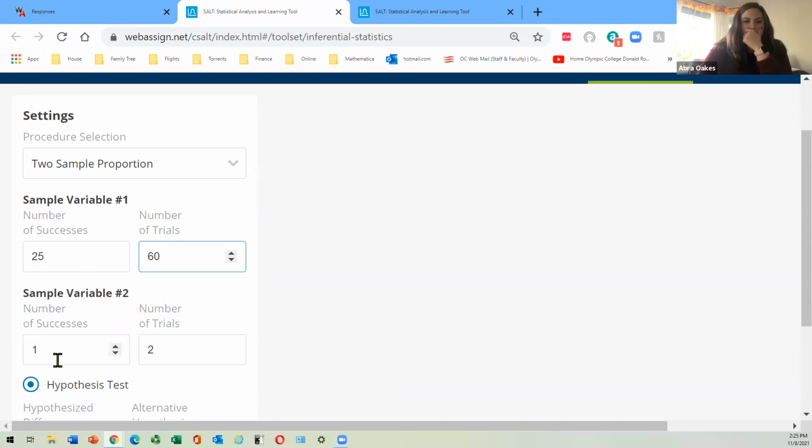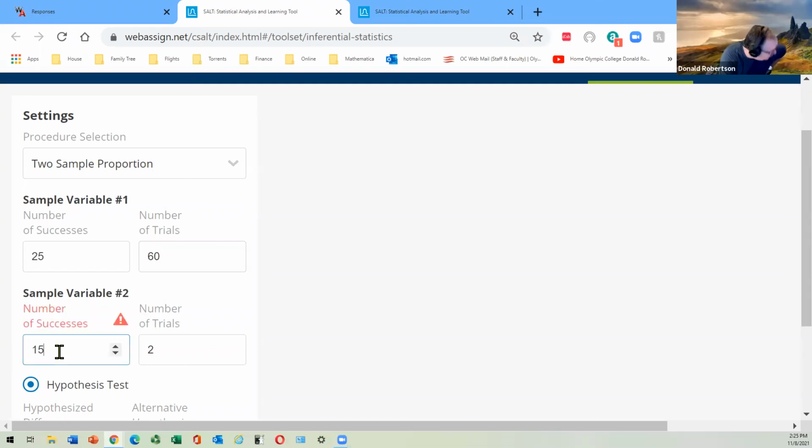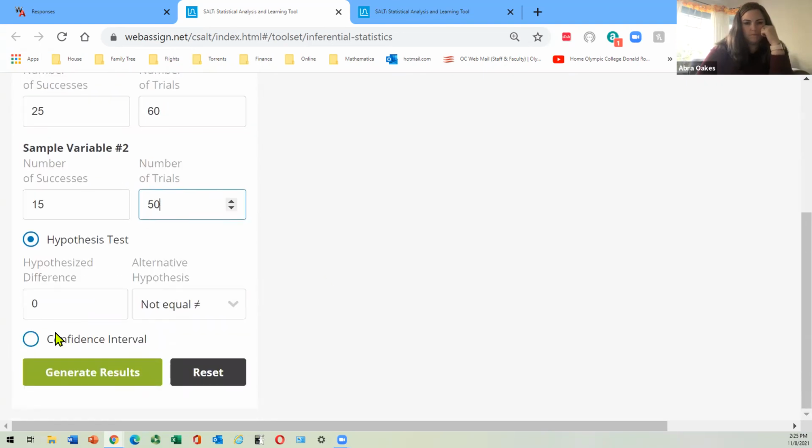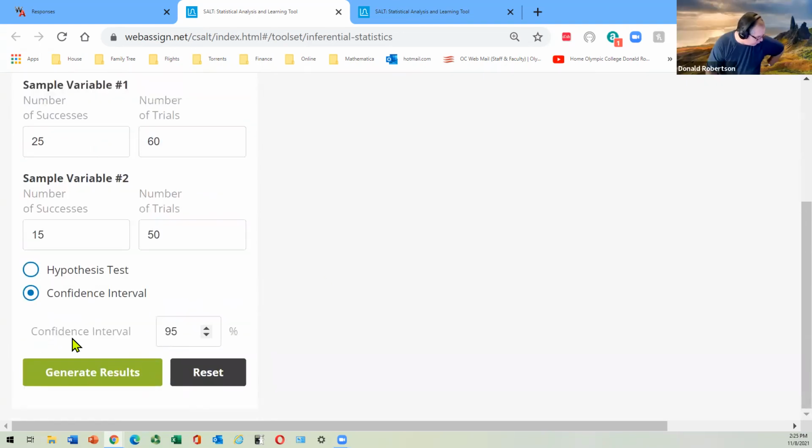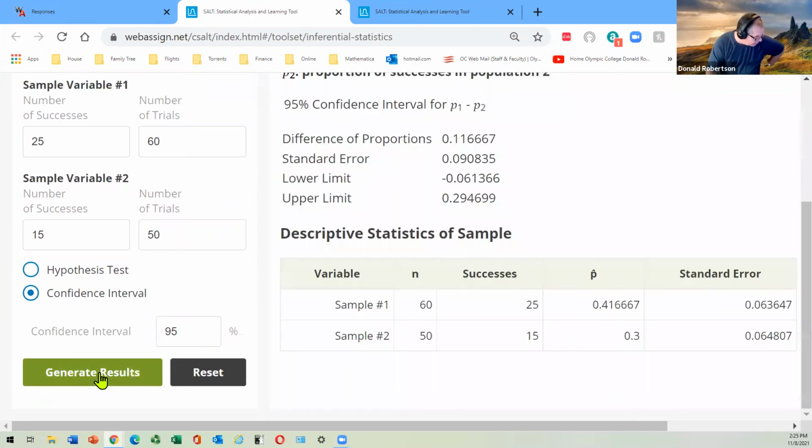And in the girls, it was 15 out of 50 of them. Then you want to do a confidence interval for the difference. If you want a 95, leave that alone and you generate the result.